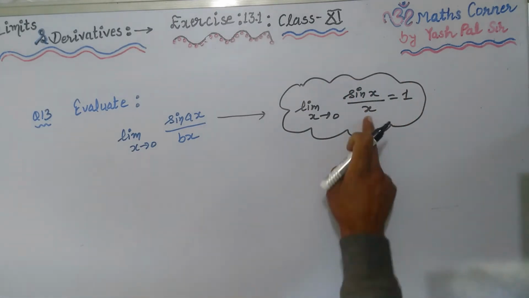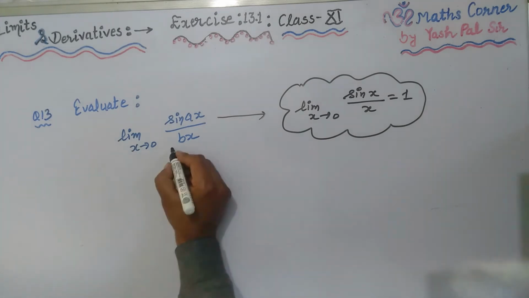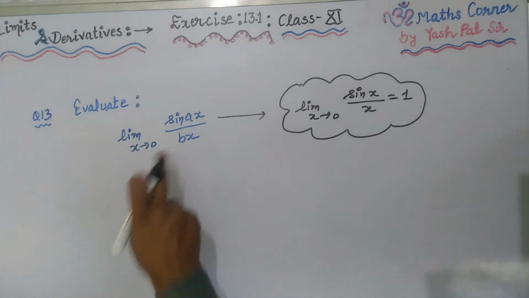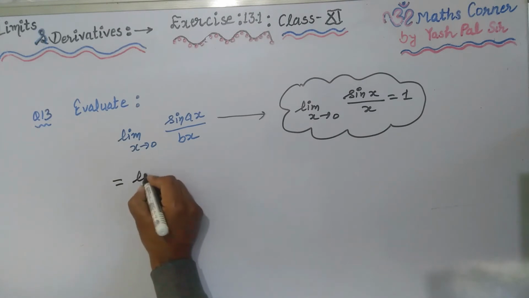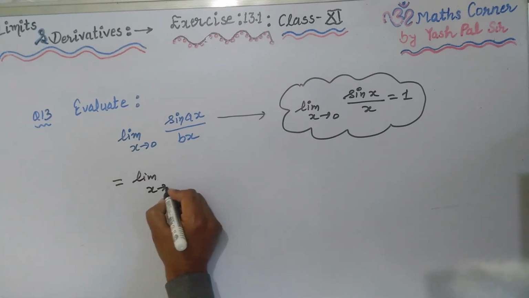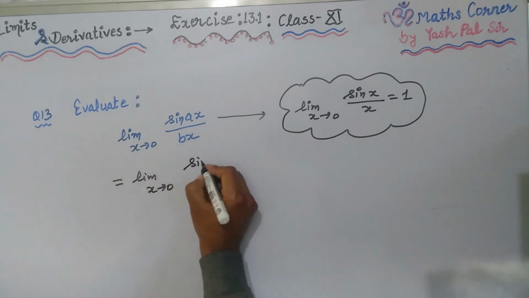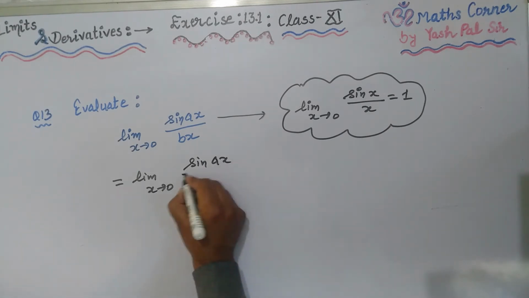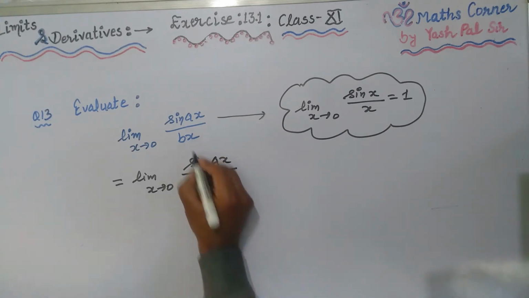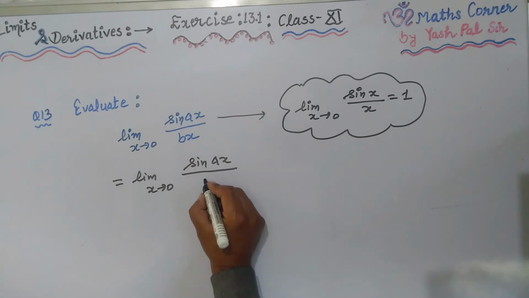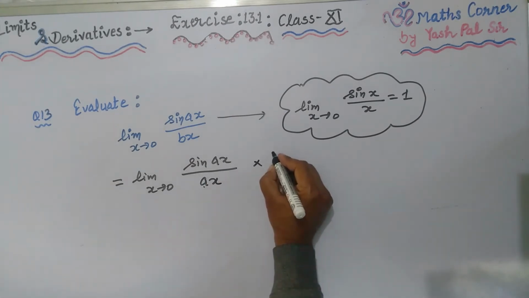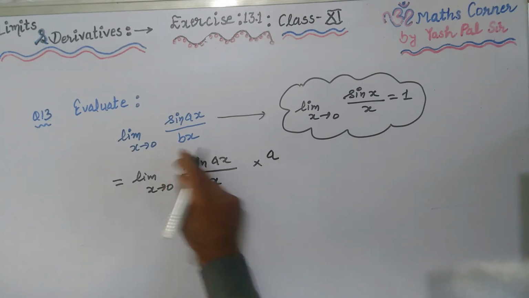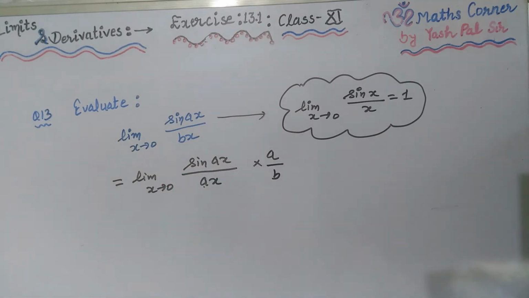So how here we are proceeding towards the result. This is equal to limit x approaches to 0, we write here sine of ax. Okay, here in place of bx we are writing ax. A is divided, so here we are multiplying a, and this b goes here, right?